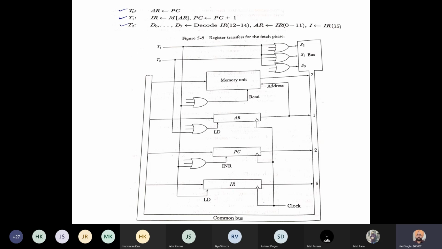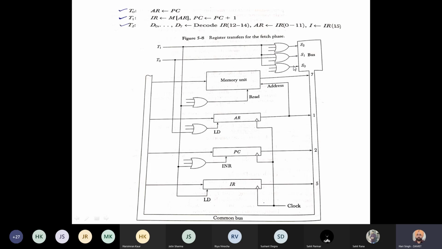So it will place the program counter value in the address register. During the T0 state, only T0 will be active, so it is connected to the S1 bit. The output of this gate will be 0, this gate 1 and 0.